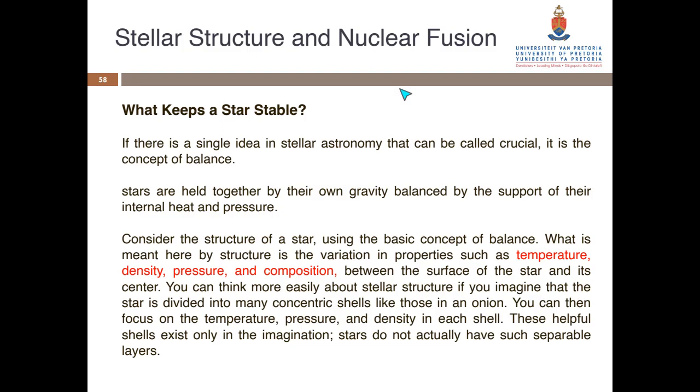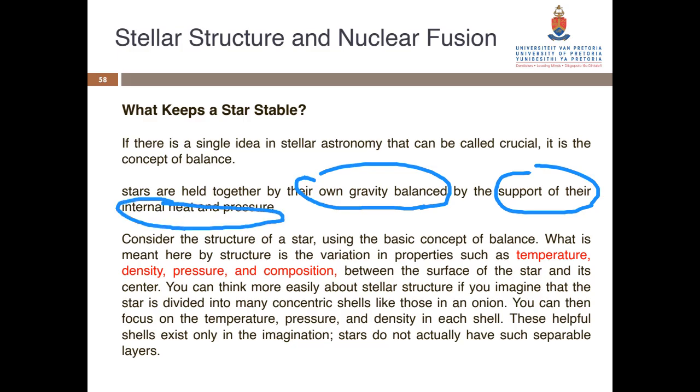This is quite important. I usually like to ask this question as a test and exam: what keeps a star stable? And that is their own gravity, balanced by the support of their internal heat and pressure. So keep note of that.